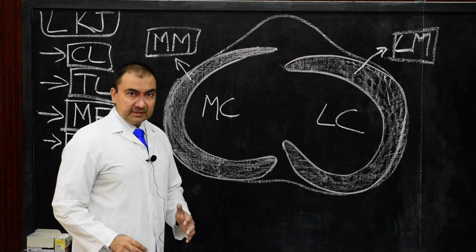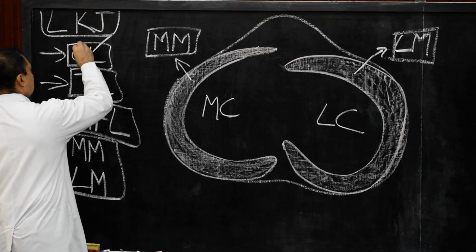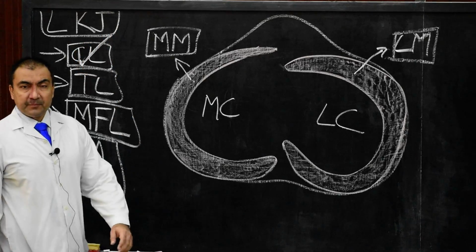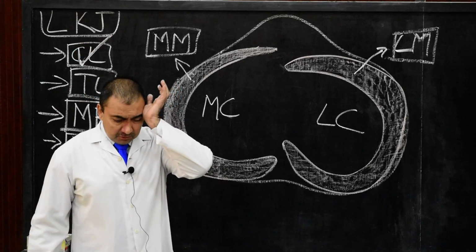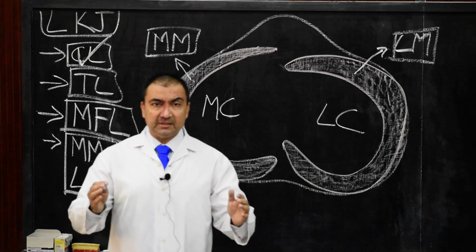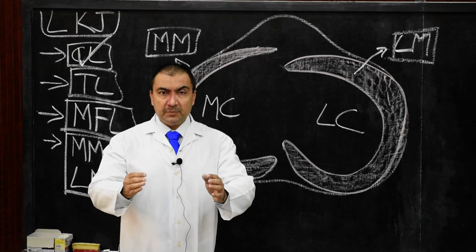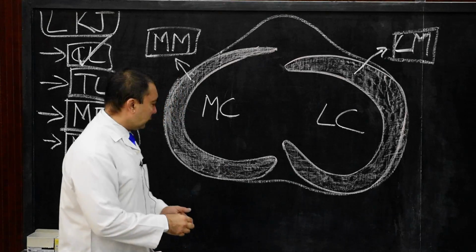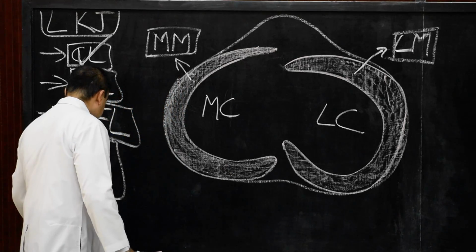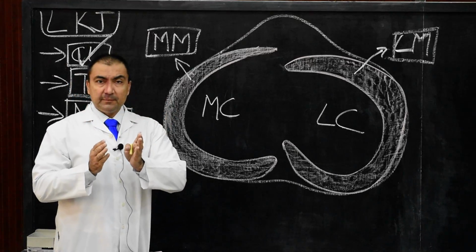Now, coronary ligaments. In order to understand the first ligament, here I am going to take the coronary ligament. It is a part of the coronary ligaments. They are sometimes asked as one mark question answer or MCQs. The coronary ligaments are part of the fibrous capsule that will provide attachment to the peripheral part of the menisci. So we know that the fibrous capsule will be attached peripheral to both the menisci.